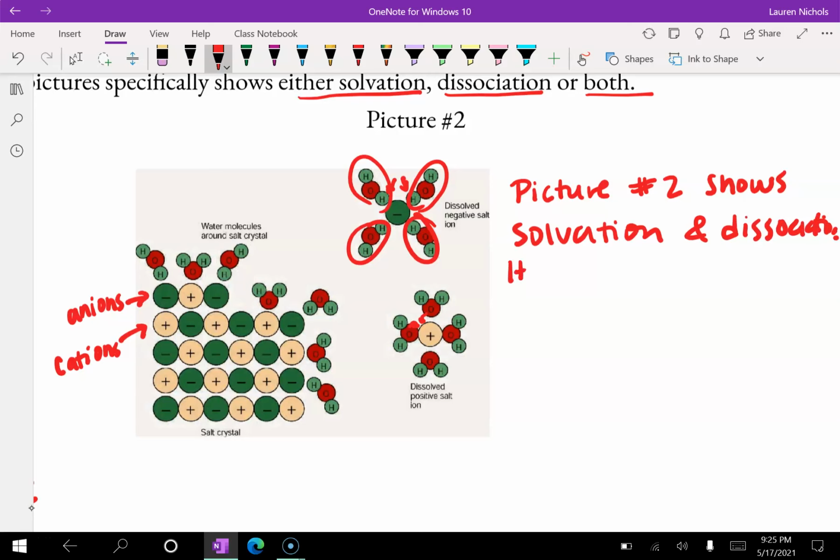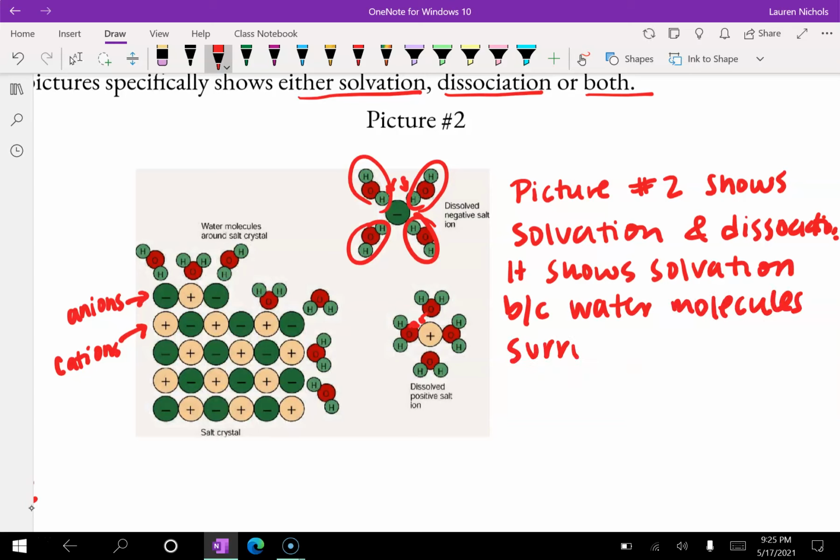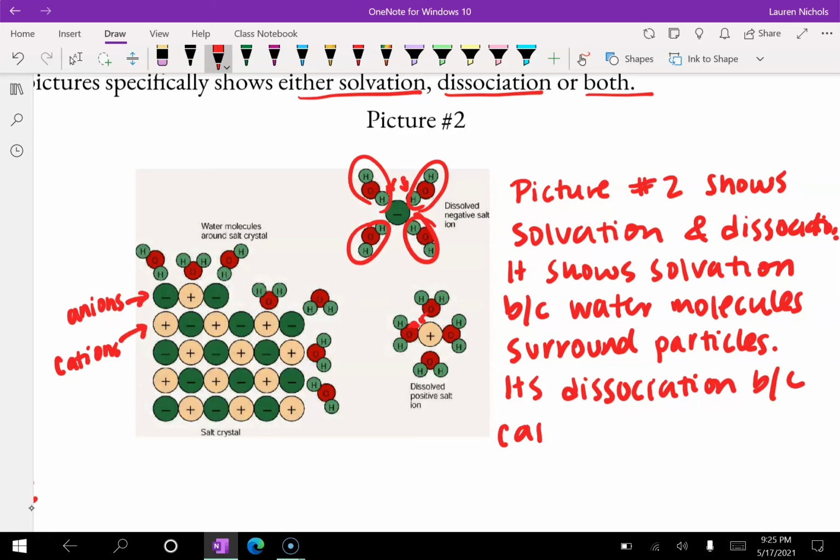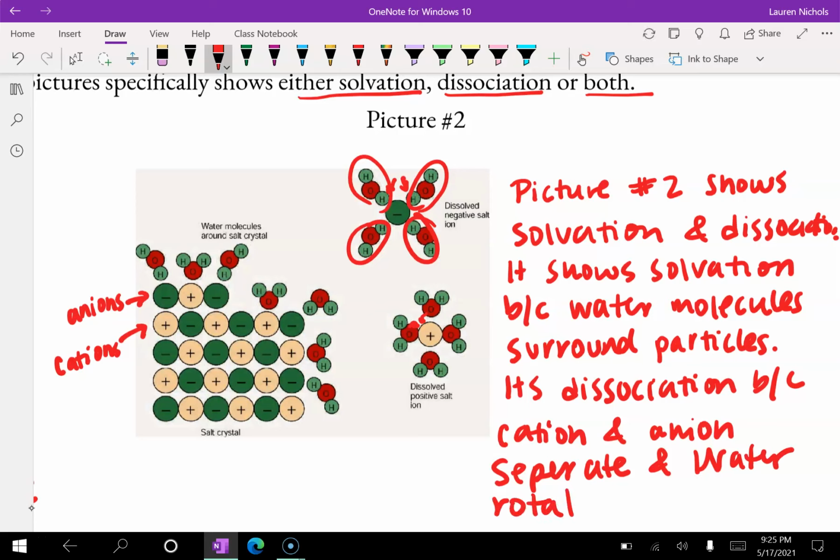And we can say it shows solvation because the water molecules surround the particles, and it's dissociation as well because the cation and anion separate, which is spelled with an E, separate, and the water rotates based on the charge, right?